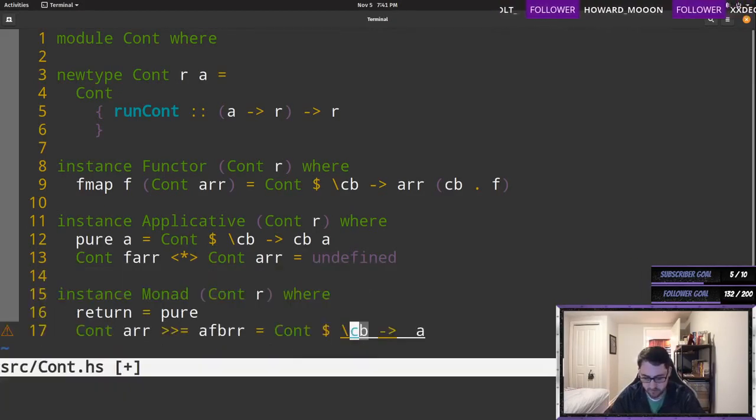Nope, wrong button, sorry. I thought this was supposed to be an A or something.